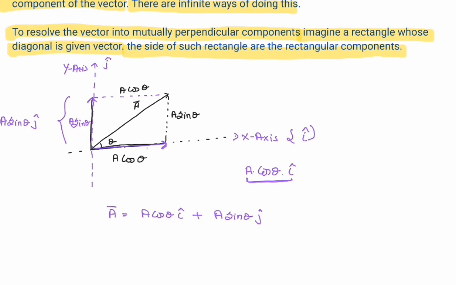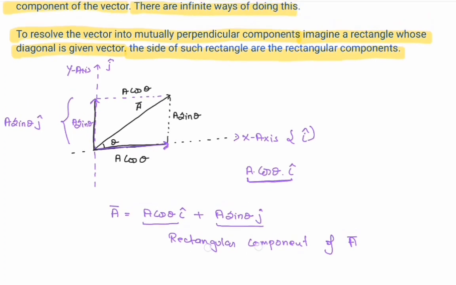Because if you sum these two vectors, you will find vector A as the resultant, and we call these vectors the rectangular components of the given vector A.